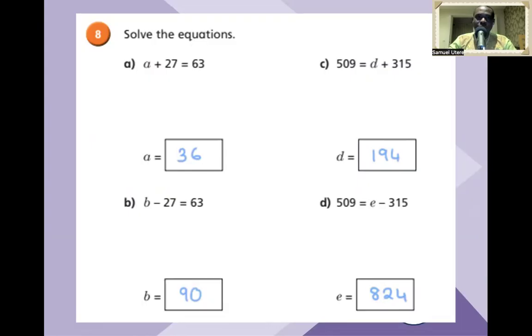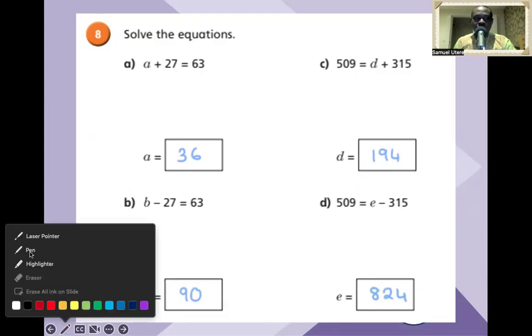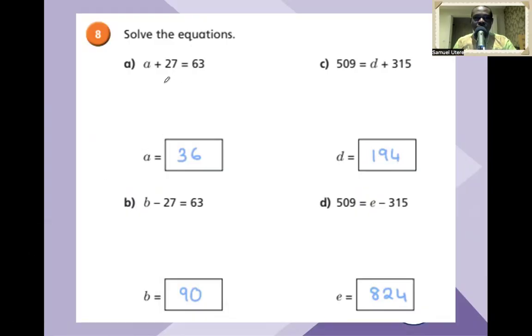Now, when we say we should solve the equation, I'm sure you still remember one of our lessons when we did inverse calculation. So we require a number. If we look at our function machine, our input is A, we're looking for A. In our function machine, we'll add 27 and we get 63.